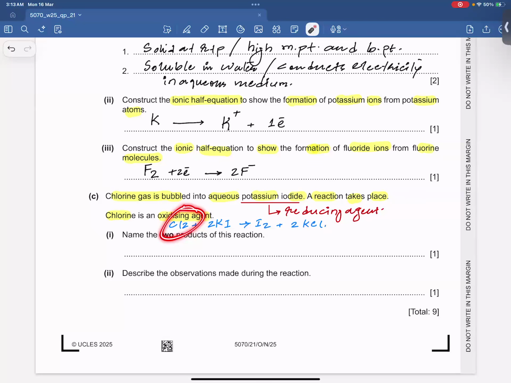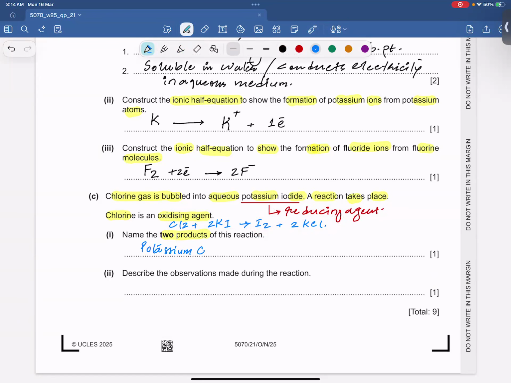Two products, iodine and potassium chloride. Oh, my bad. The examiner is looking for the products. Two products: potassium chloride and iodine.